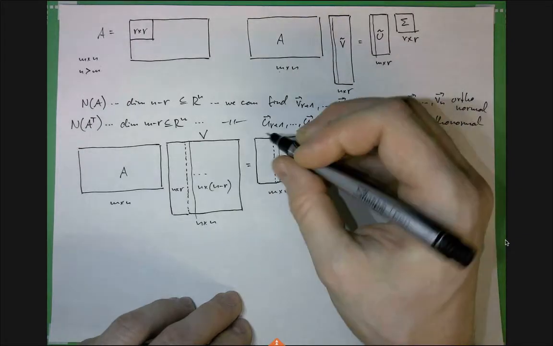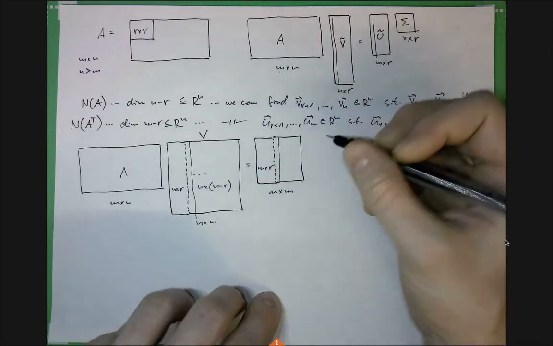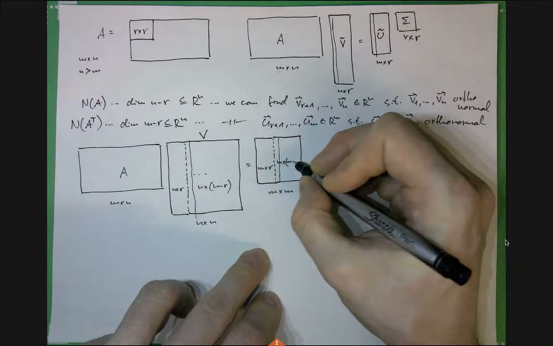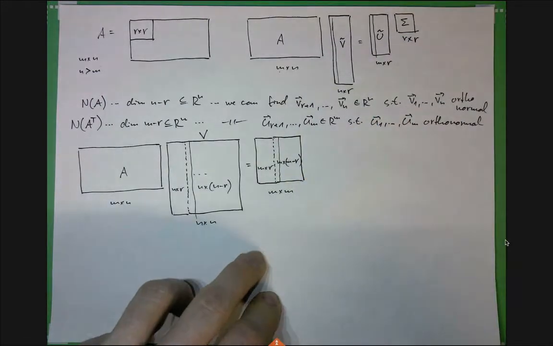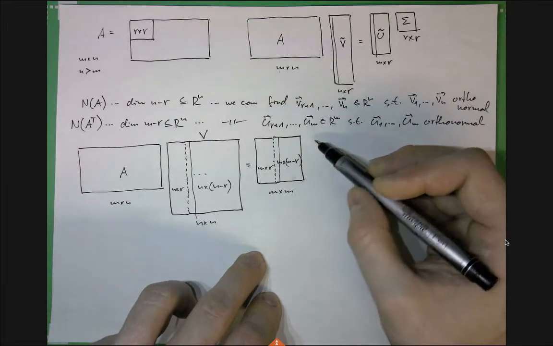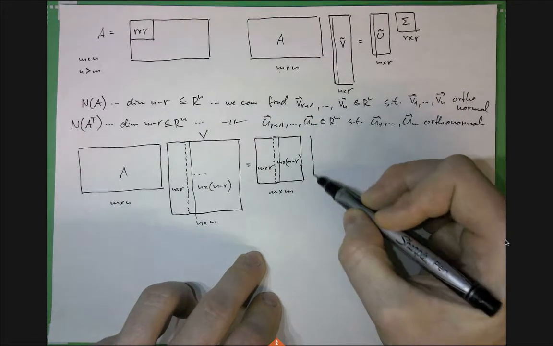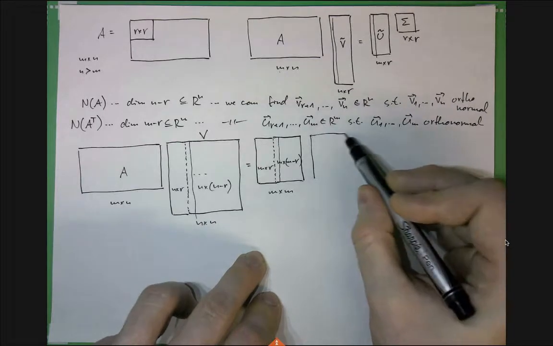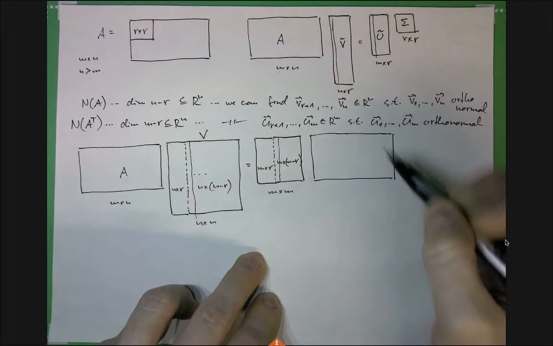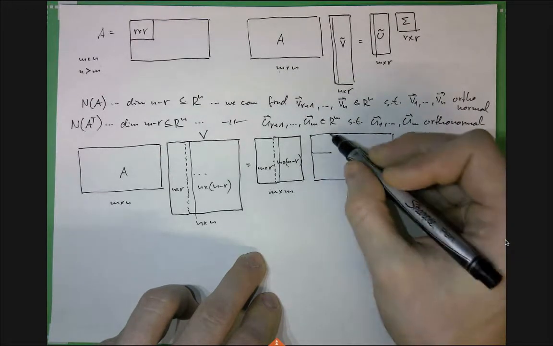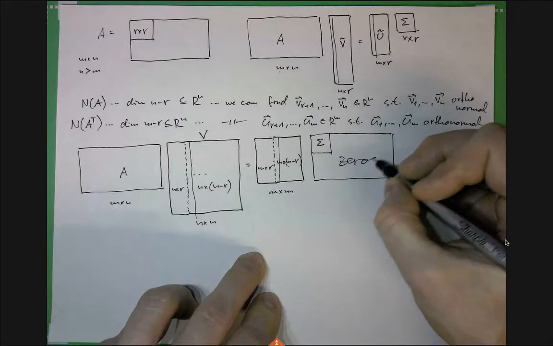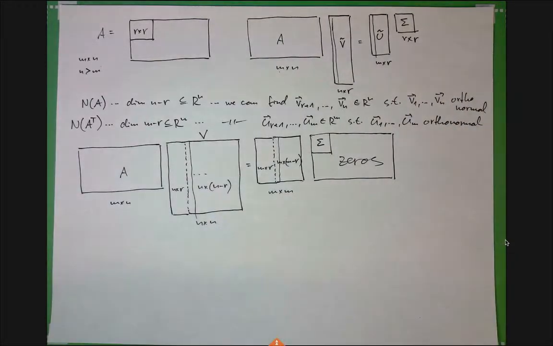This is the m by r part, and this is the m by m minus r part. And here I will just extend the original sigma. Here is my original sigma, and I just extend it by zeros. There is just a chunk of zeros.